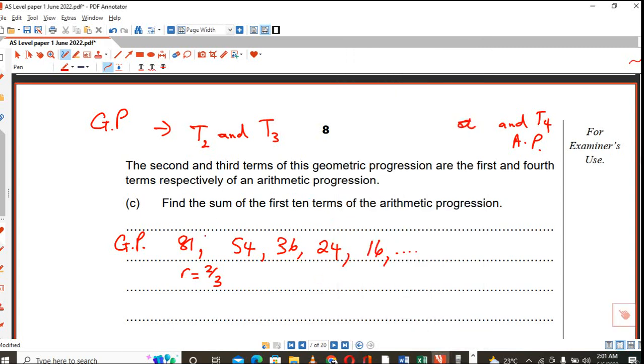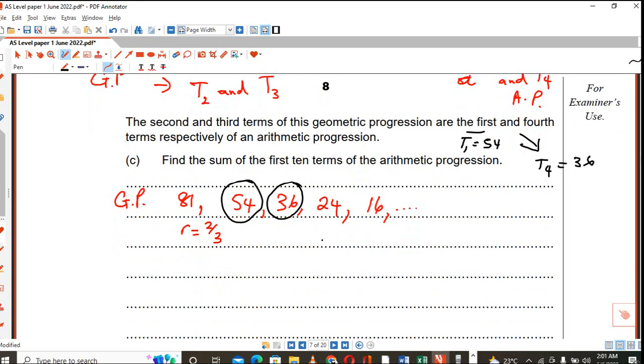So they're saying that the second term of this progression, which is the 54, is the first term, and the third term here, the 36, will be the fourth term of that progression, which is an AP.